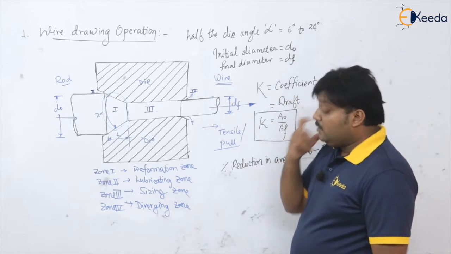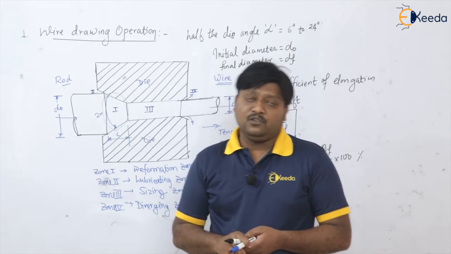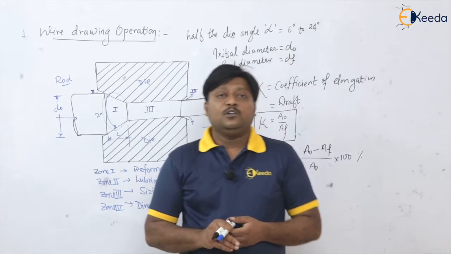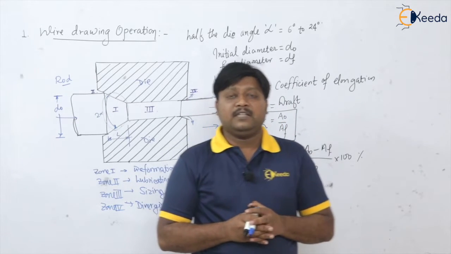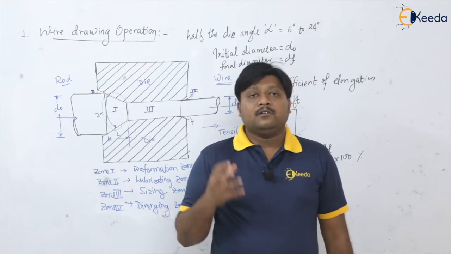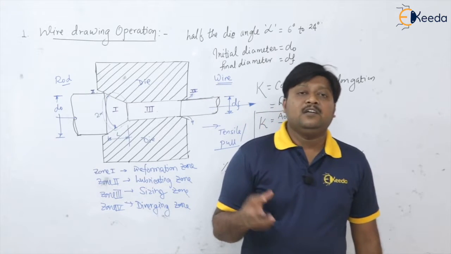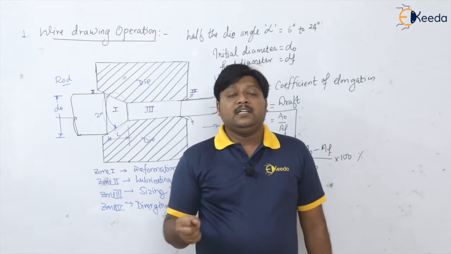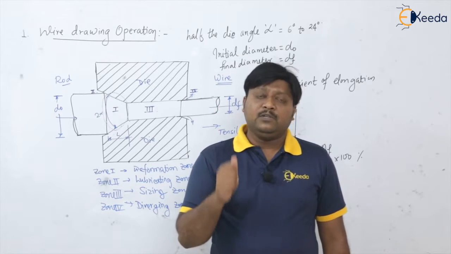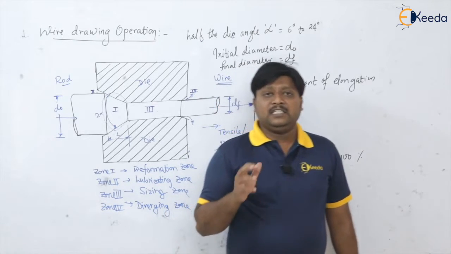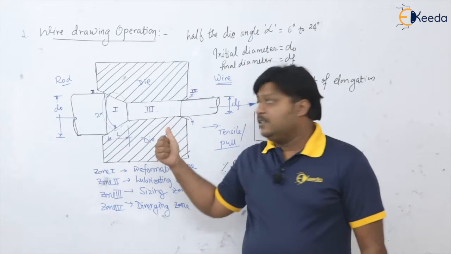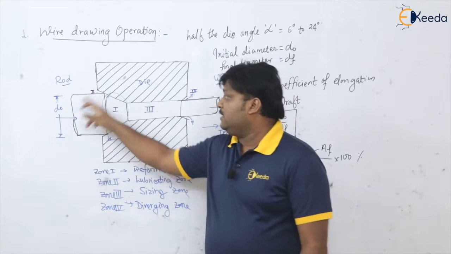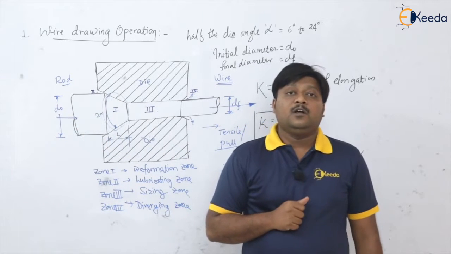Okay, now before the operation of wire drawing we have to do some things beforehand. The rod or the material for wire drawing should be ductile enough. It should have very good ductility. For that we generally do the annealing operation before the main drawing operation on the stock that we are going to use.